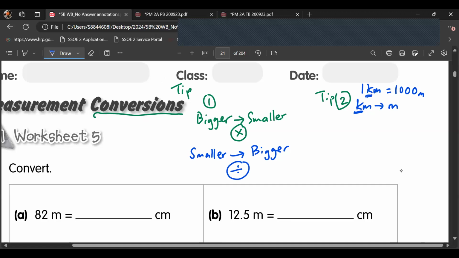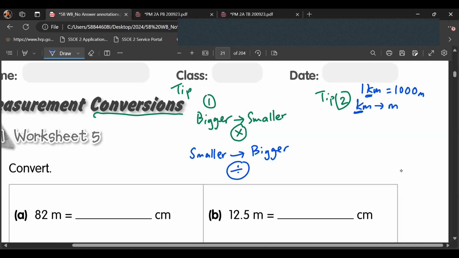So when I am going from kilometers to meters, bigger unit to smaller unit, I will multiply by 1,000. But from meters to kilometers, I will divide by 1,000. The next one to remember for length. Are you writing this down, Ryan? Please do it neatly, okay?